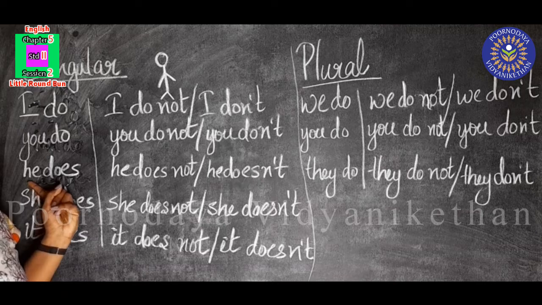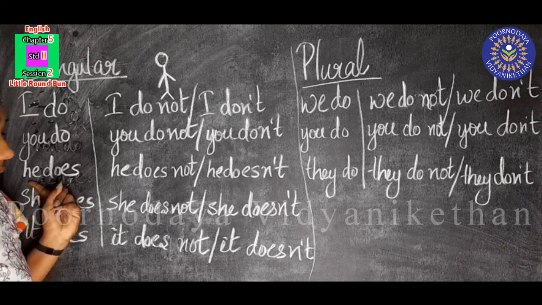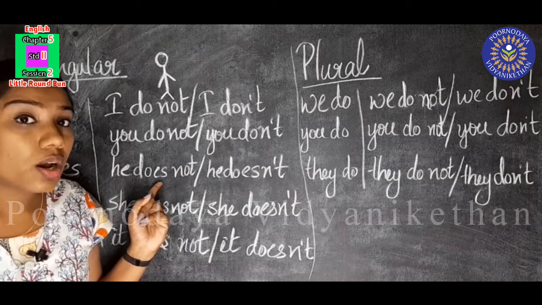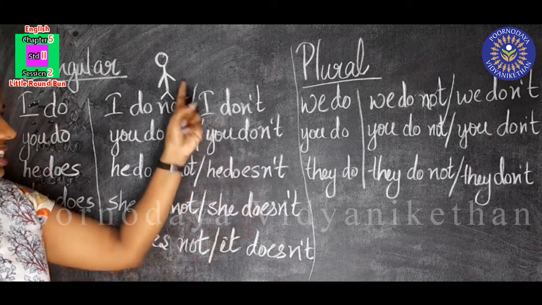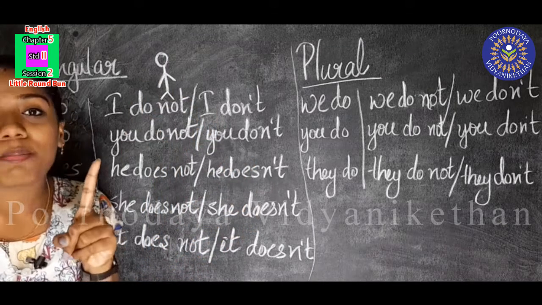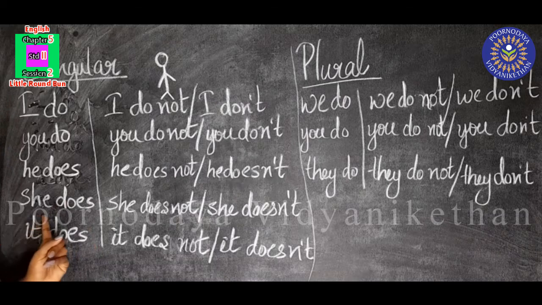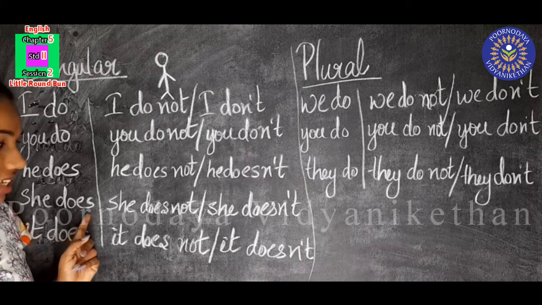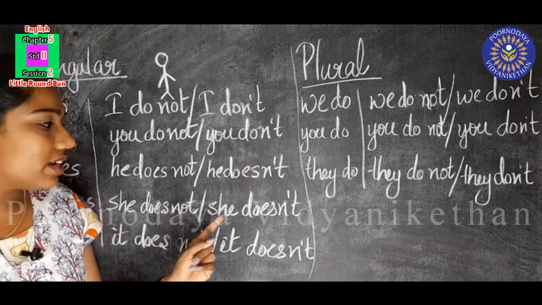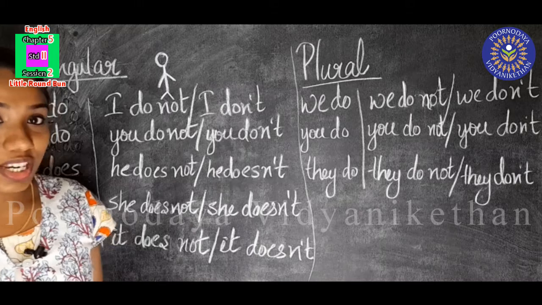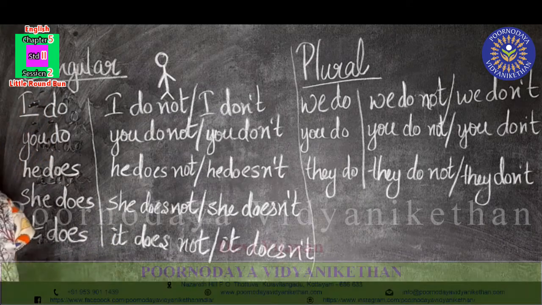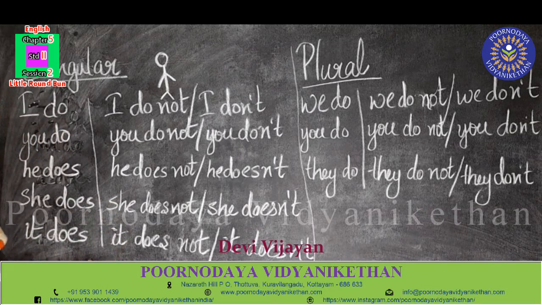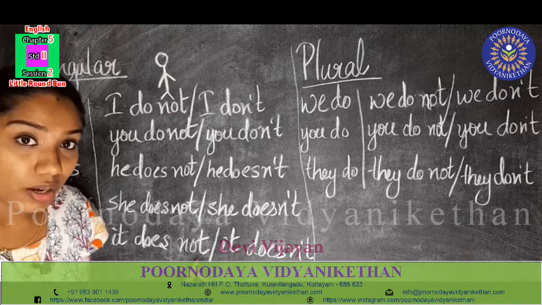When we are speaking about a boy or a man, we can say he does not, or he doesn't, because only one boy or one man is here. When we are speaking about a girl or a woman, she does not, or she doesn't. Did you understand?